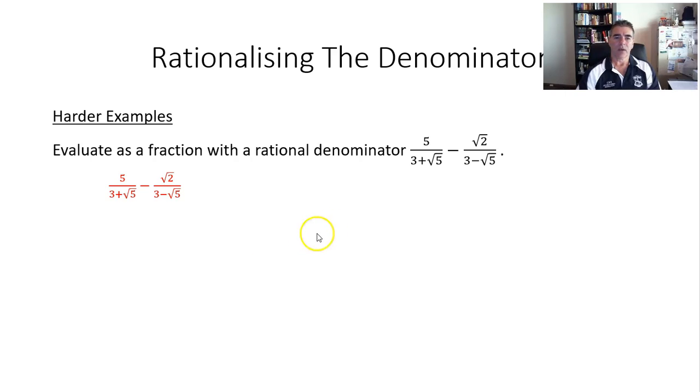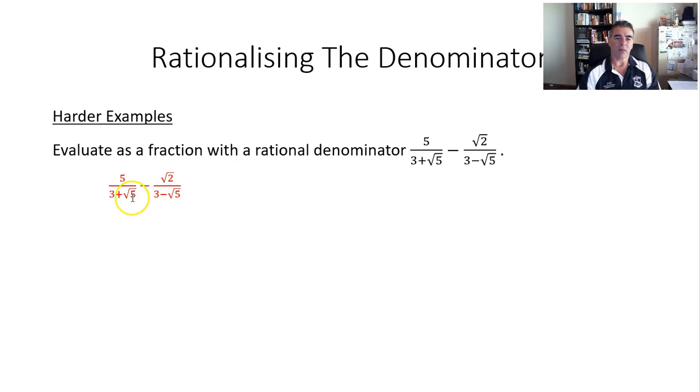So here's our question. What I'm going to do, to make the denominators the same, is multiply this denominator by this one. But remember, equivalent fractions, so I've also got to multiply the numerator by that same expression. And then the same over here, I'm going to take this denominator and multiply it by that one.